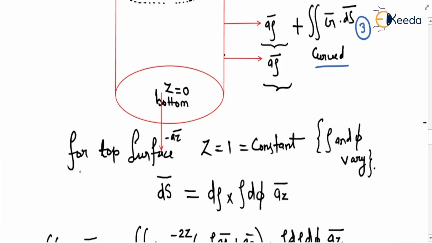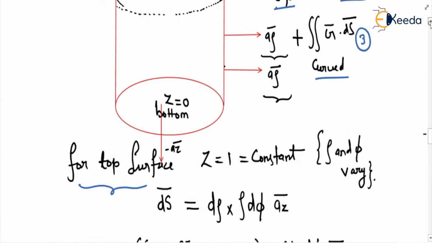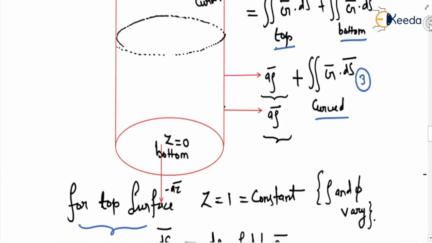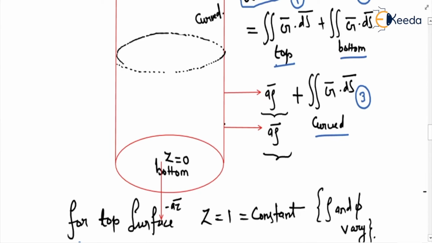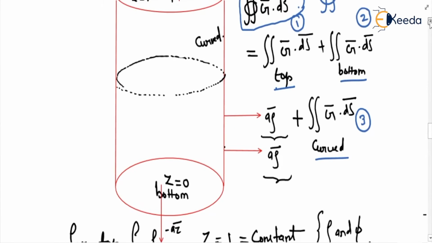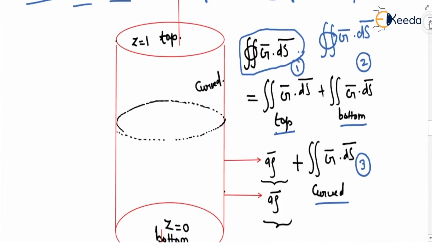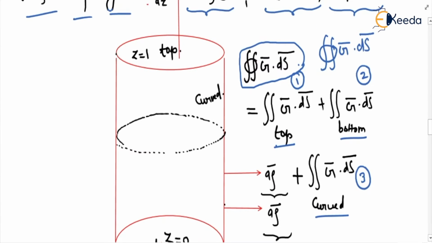Let me start with the top surface. Suppose this is a cylindrical shape, then z equal to 0 is the bottom circle, and z equal to 1 will be the top circle. So this surface is the top surface, and it is a circular surface.